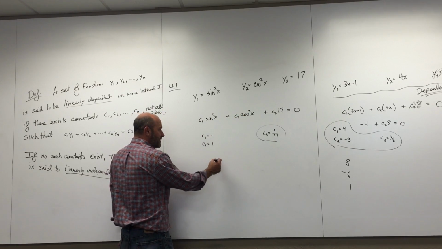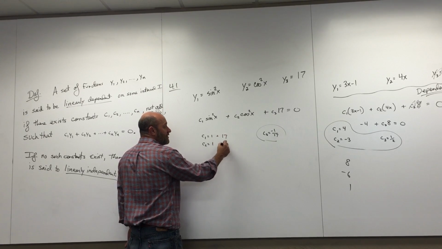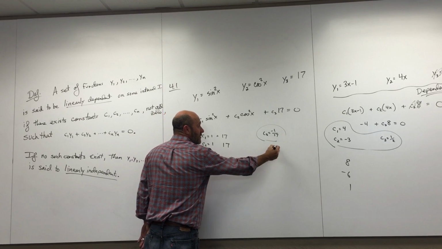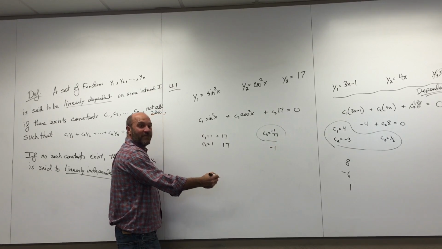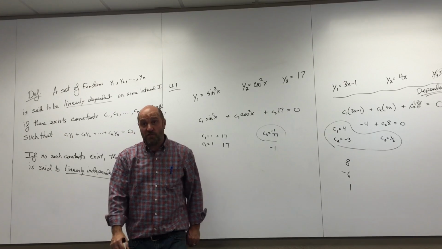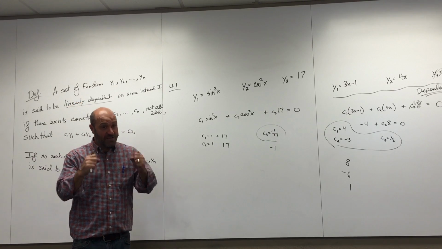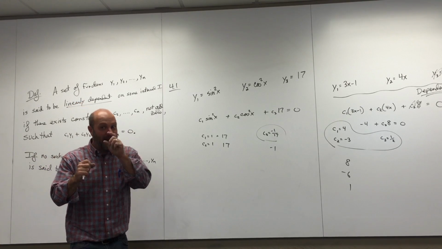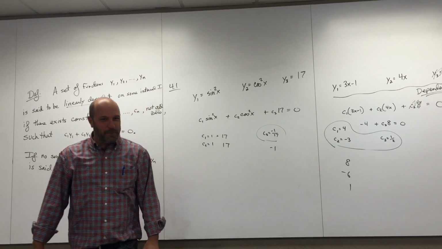Maybe multiply by negative 1. Yeah, or multiply by 17. Let's use 17, 17, and 1, or negative 1. That would work, right? There are multiple answers when you can find a set of constants. There's not just one set, but any set you find will be a multiple of the other one.